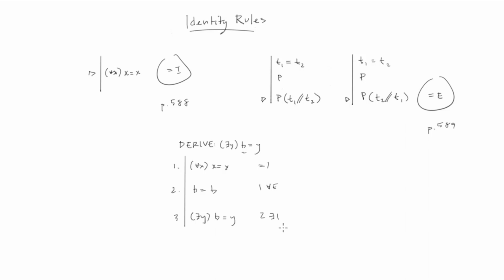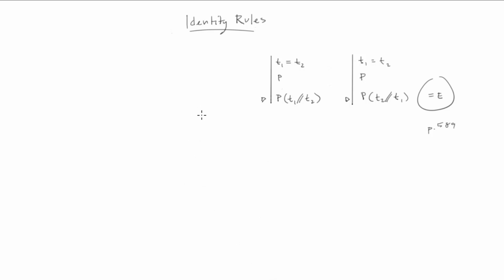Okay, so now we're going to take a look at the second identity rule, identity elimination. There are two statements of identity elimination. We'll just look at the one on the left first. The one on the right is basically the same. So what we see is that the first item of input for identity elimination is an identity statement.